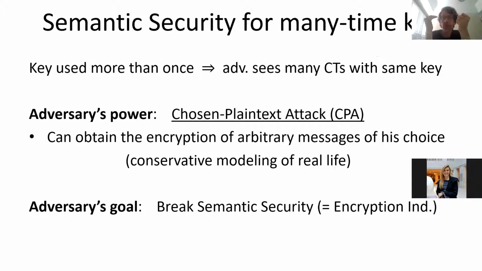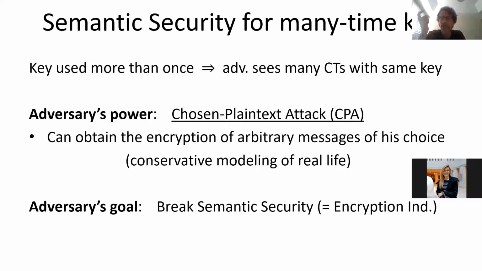But what we need is a new security notion, because the notion, if you remember the picture from last time, where the adversary chooses two messages, M0 and M1, sends them to the challenger, who picks a key and uses it once by encrypting either M0 or M1, the adversary gets a single ciphertext, and his goal is to determine whether it's M0 or M1 that was encrypted in this ciphertext C. But that's all he sees. The adversary just sees a single ciphertext.